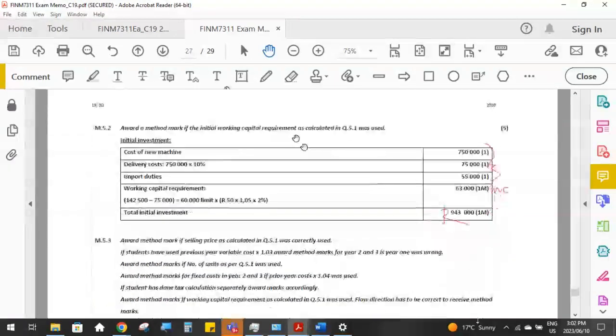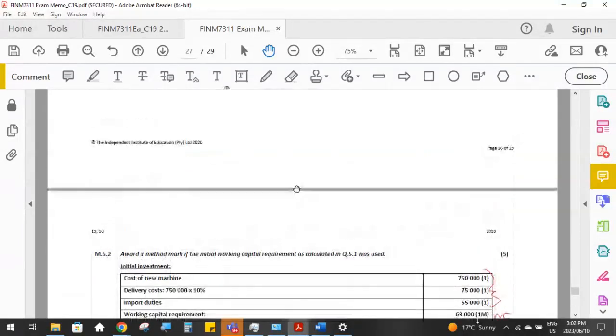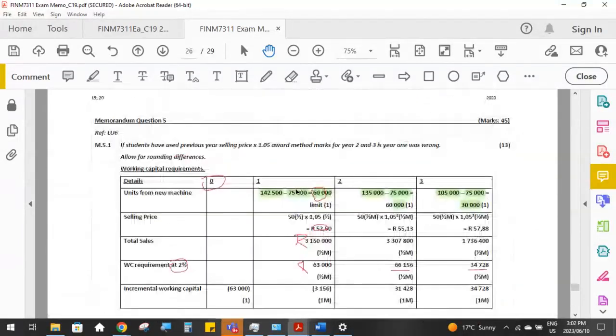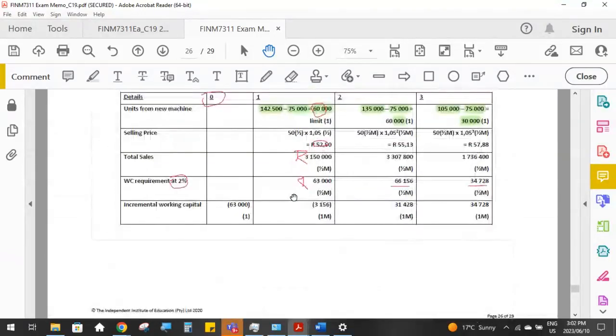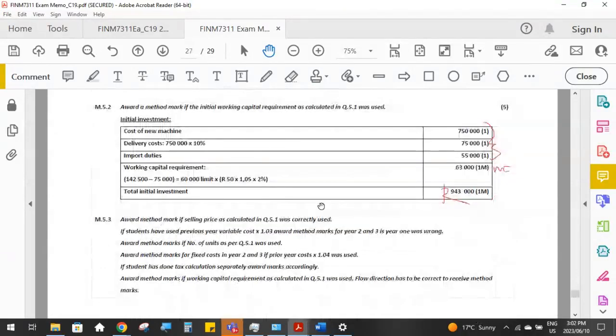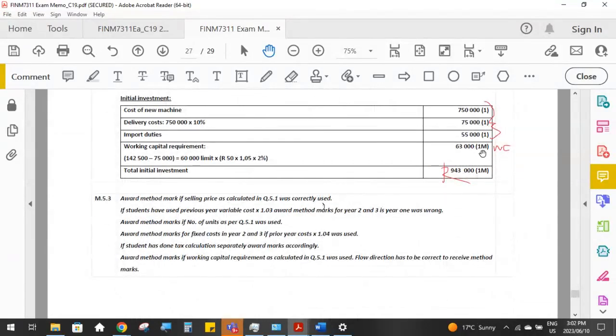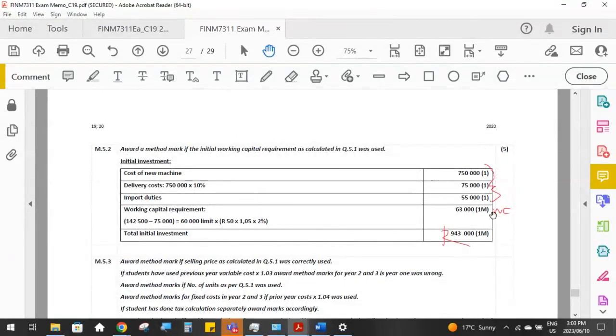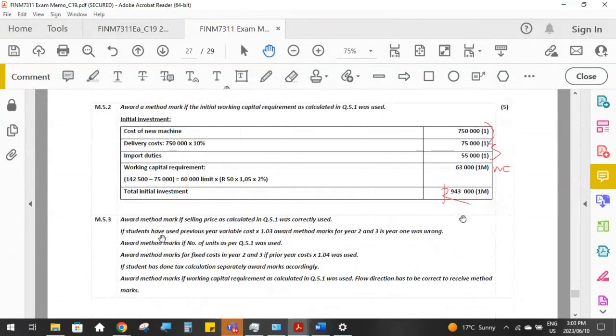So it's just that year 0 that we've included there. They've just repeated these workings over here, but it's the same workings that we did here to calculate that 63. You just take the 63 from question 5.1 and you'll get those marks.